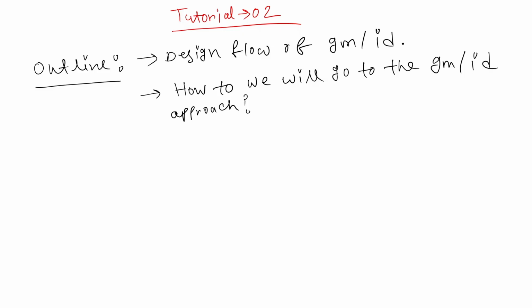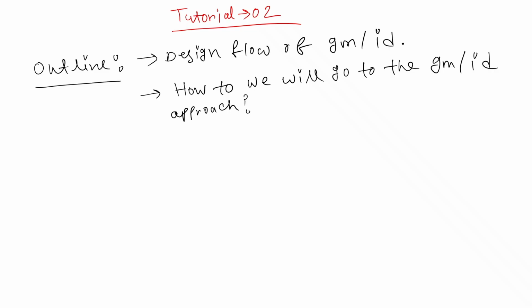In the last tutorial, we saw the analog circuit design using the square law models. This is not very accurate due to modern CMOS non-idealities.